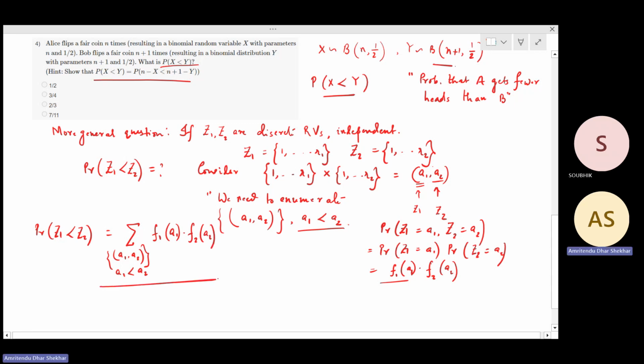This is the probability of Z1 being smaller than Z2. Is it clear how we can compute it in general?